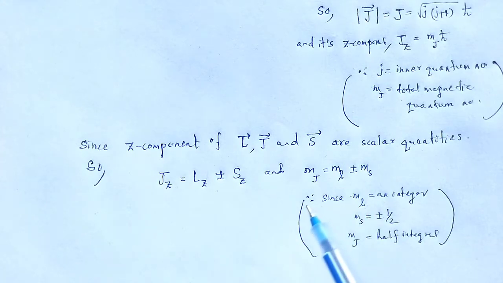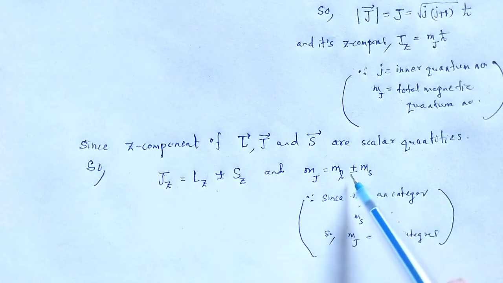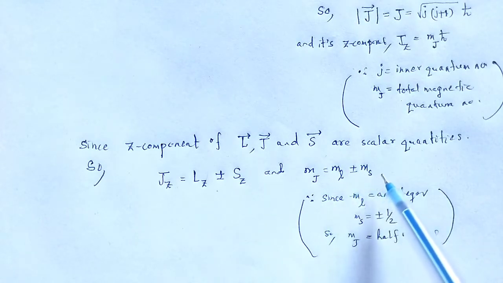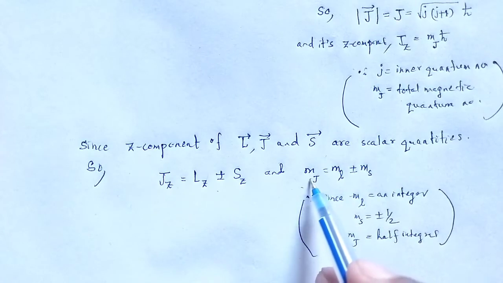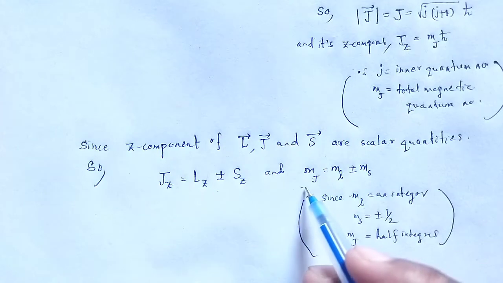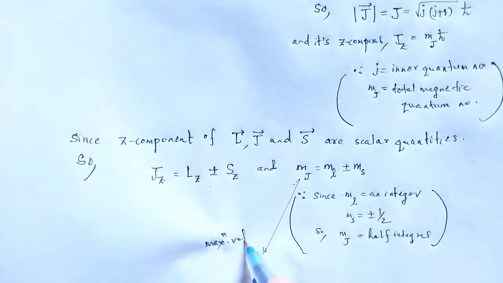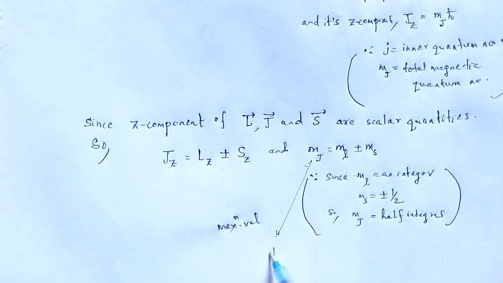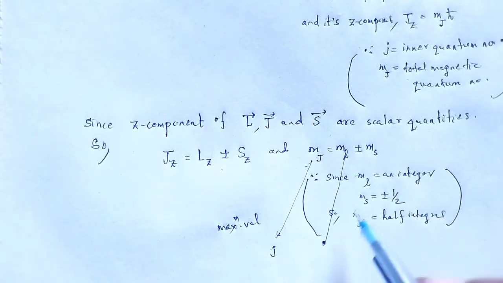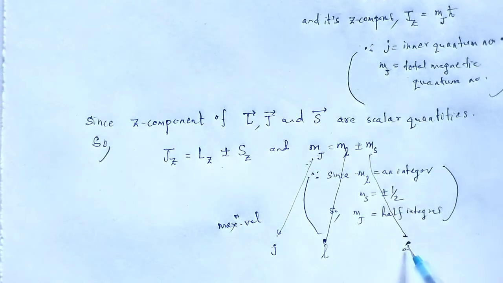So the maximum value of mj, ml and ms are what? The maximum value of mj stands for j, the maximum value of ml stands for l, and the maximum value of ms stands for s.